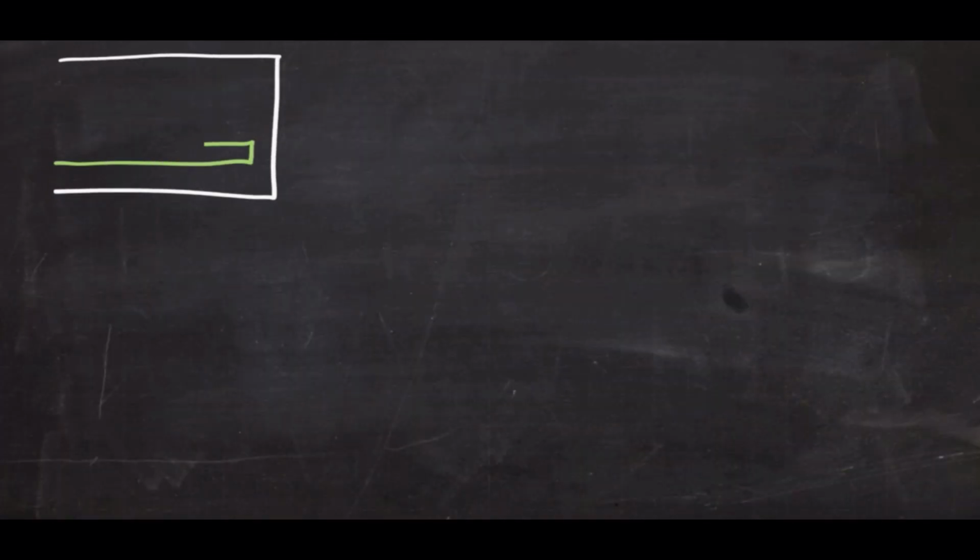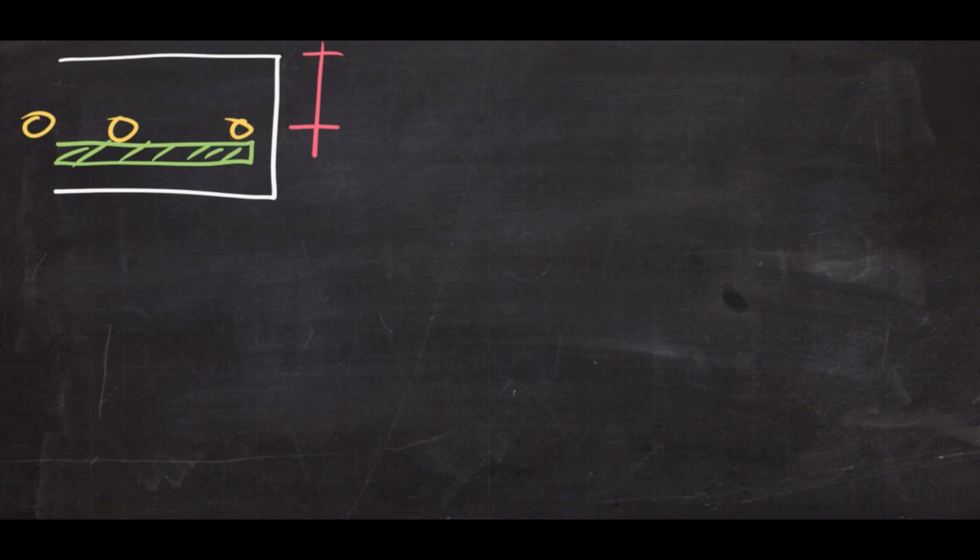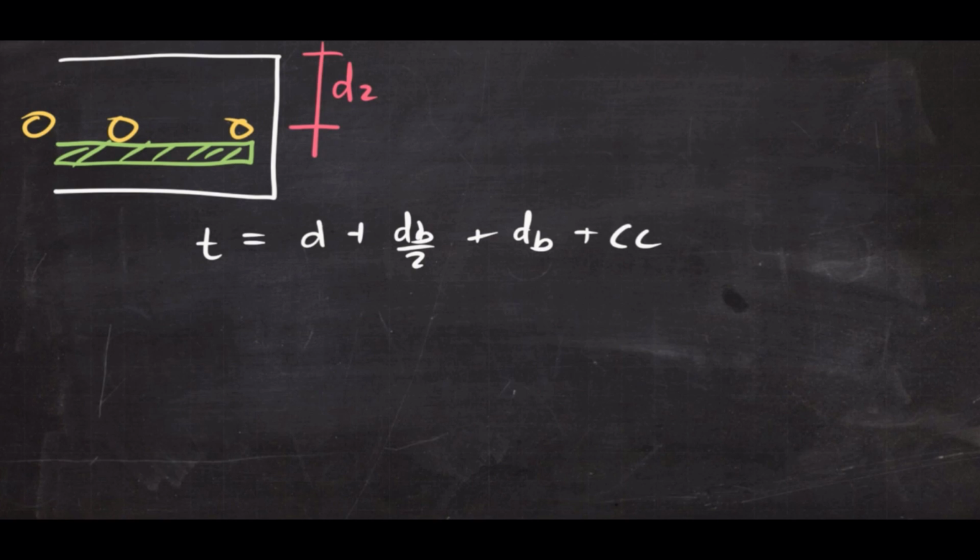To get the thickness, let's reiterate that. This is the setup for the rebars. And for one-way shear, we will use the smaller d. So using the smaller effective depth, the thickness is d plus half of a bar diameter plus a bar diameter plus whatever is the concrete cover.